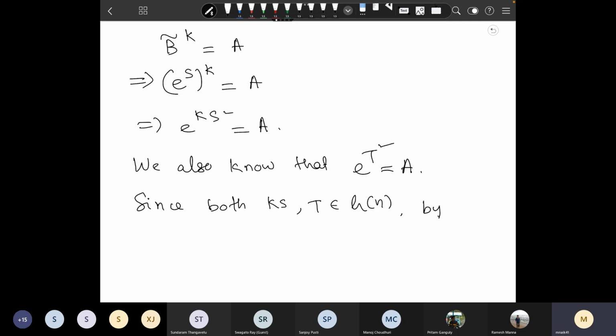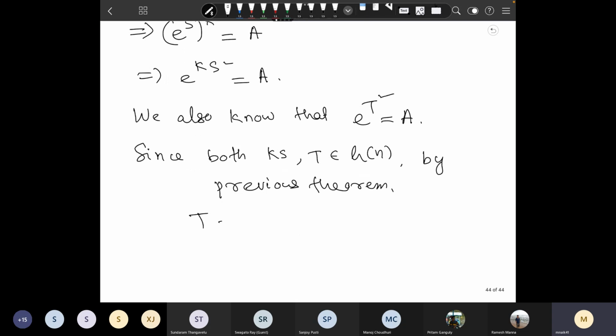So by the previous theorem, T is equal to kS. That implies S is equal to T by k.